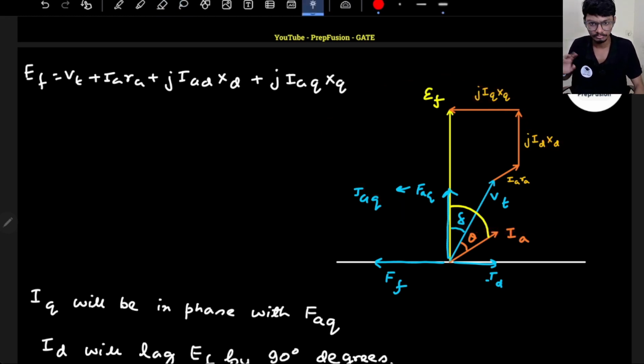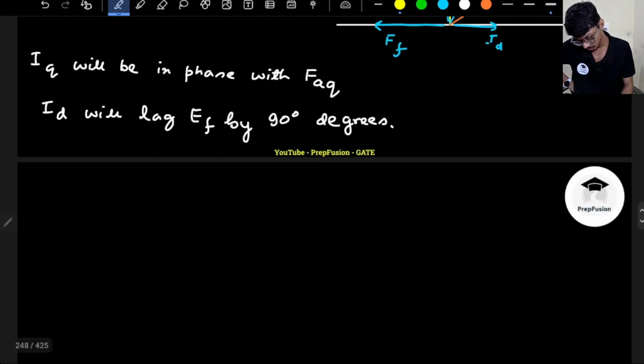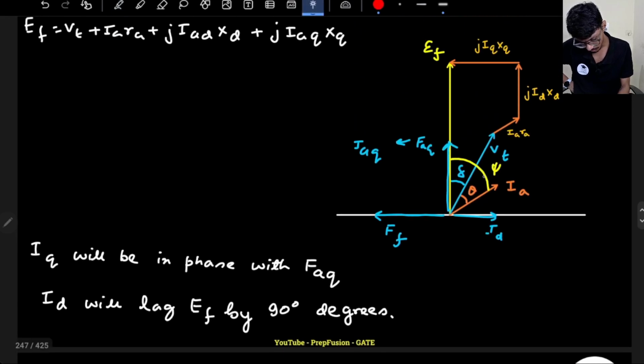So both ways will work out, and this equation is the most important one, and I hope all the conclusions are clear to you. Now again, if I want to compute this psi angle, how will I compute it? I can break this down again into two components. This IA and this are parallel, right?